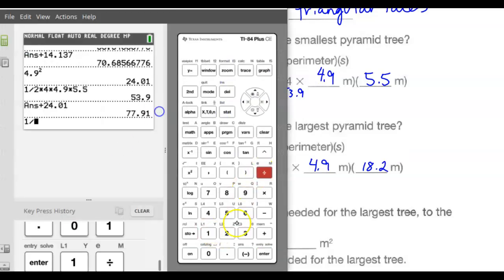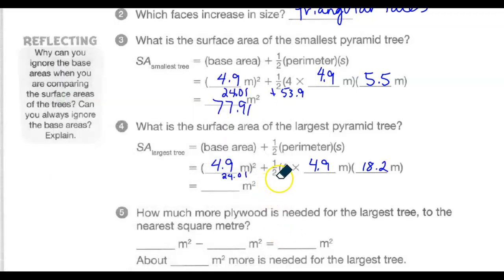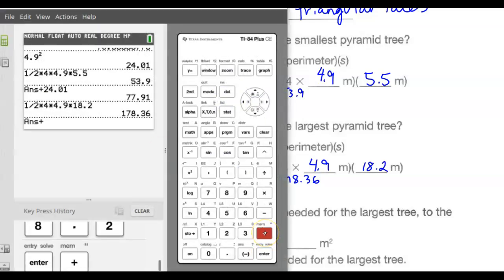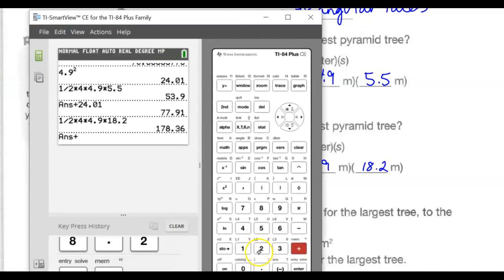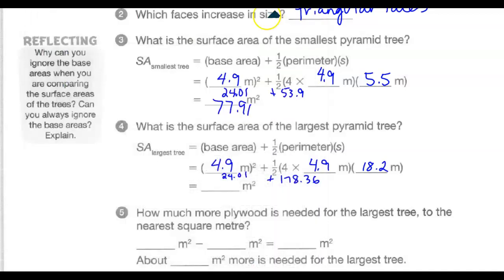Okay, so 1 divided by 2 times 4 times 4.9 times 18.2, 178.36. Plus, what did we say? Plus 24.01. 202.37.